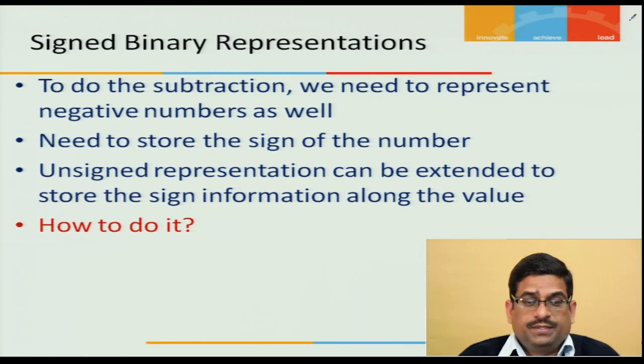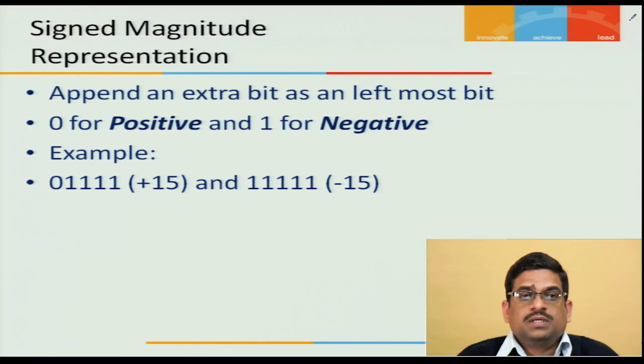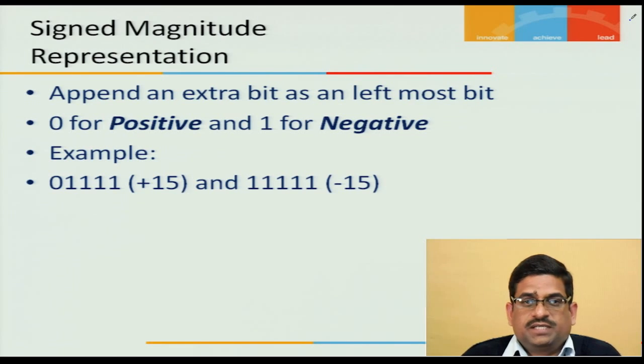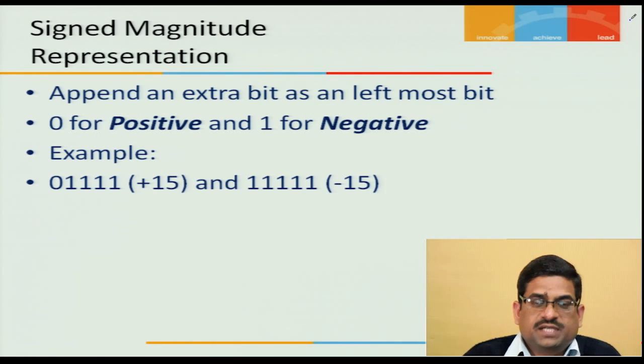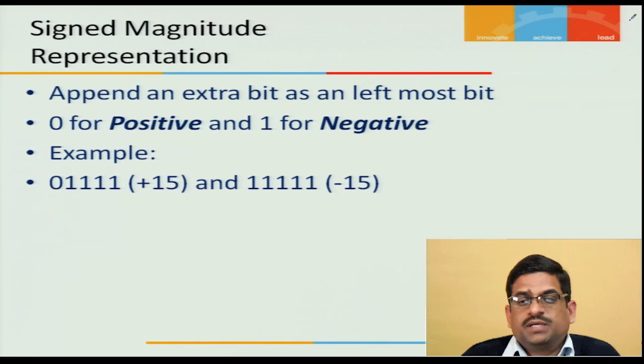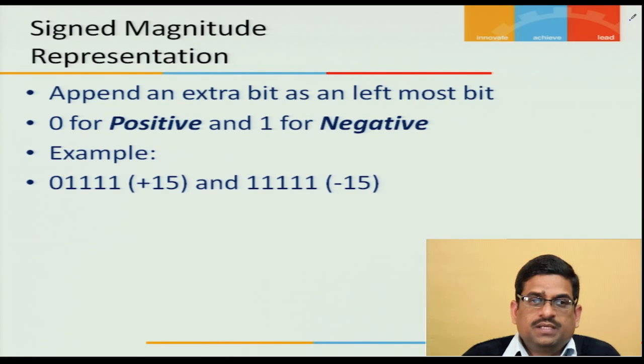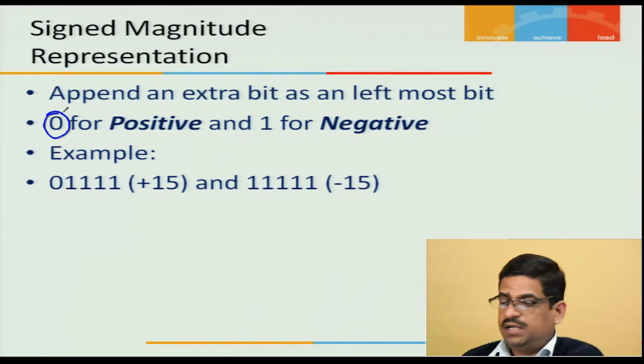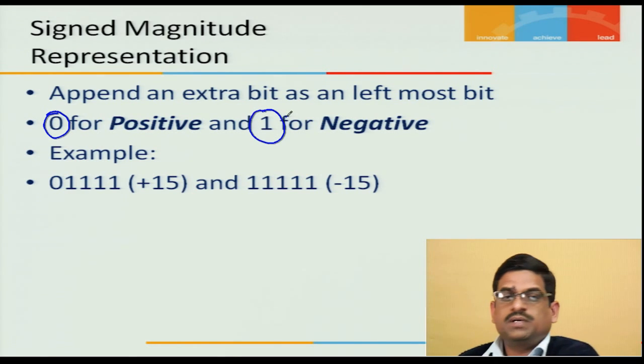The simplest approach which comes to my mind is to add one extra bit on the left side of the number, and that bit will indicate whether the number is positive or negative. For positive I can use 0 as that extra bit, and for a negative number it is 1.